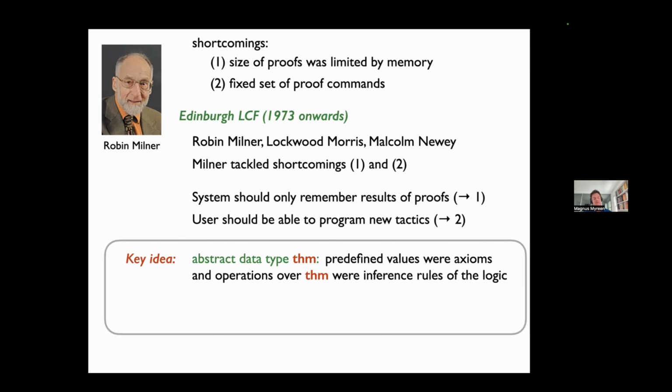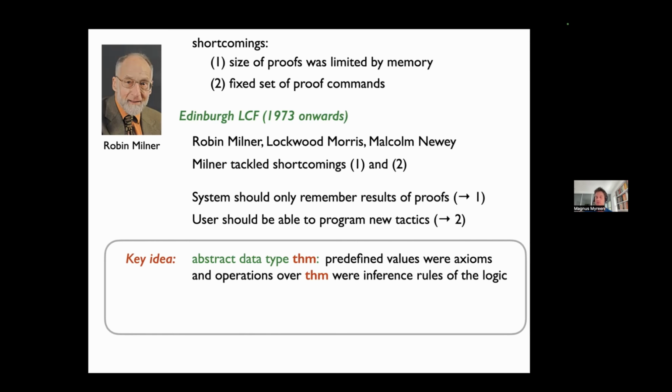So you have functions that, given one or more theorems, will produce another theorem. And if you only start from the axioms, and each of these theorem-producing functions is sound by the inference rules of the logic, then you can only derive provable facts. But you have not kept the proofs.